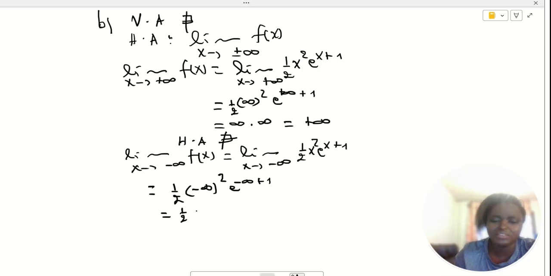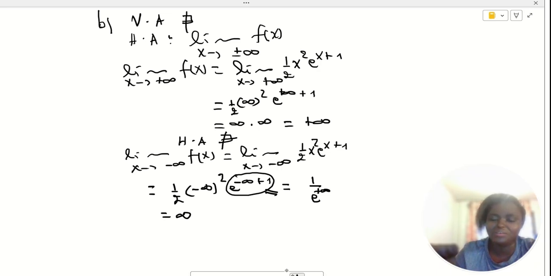I can even clean this 1 over 2. Yes, this is infinity, and e power minus infinity plus 1. This e power minus infinity is the same as 1 over e power plus infinity, and I mean only this one, not with the rest.